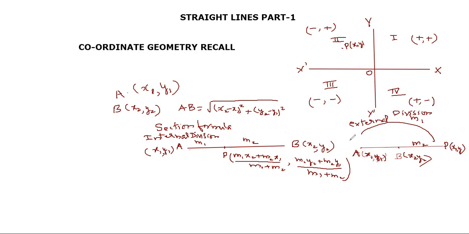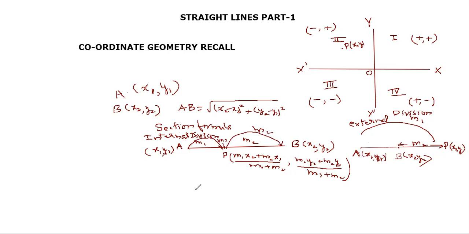But when you find the ratio of these two distances, this is not m1, m2 actually, this is the ratio. So we should not do it like this. Suppose this distance up to here is m1, and from this to this is m2.